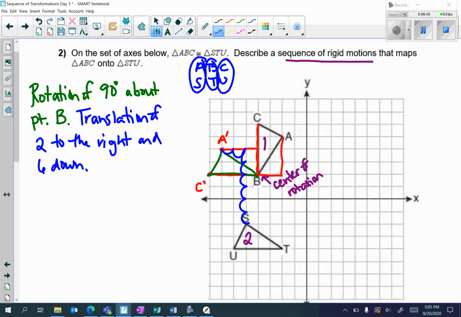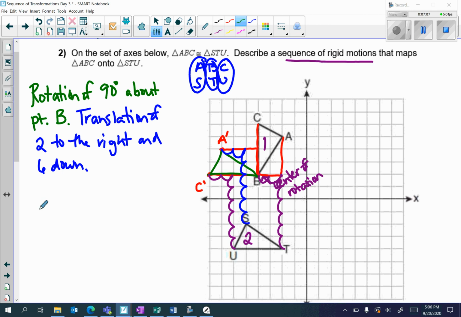So C corresponds to U, so let's go over 1, 2, and 1, 2, 3, 4, 5, 6 down. And finally, we can do that for B going to T. Over 1, 2, down 1, 2, 3, 4, 5, 6.